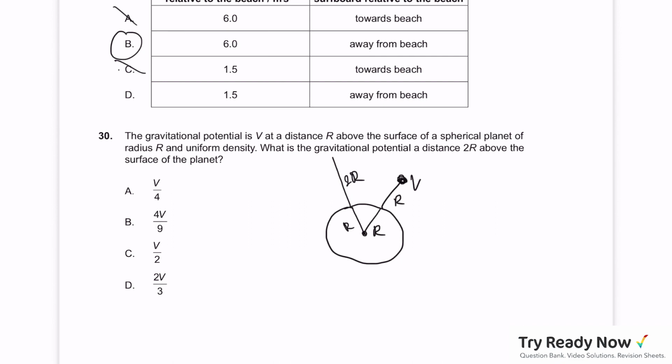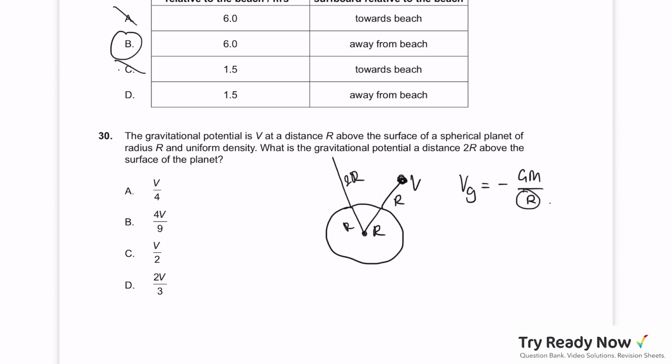So now we can find the formula, which is Vg for gravitational potential is the gravitational constant multiplied by the mass over distance. This is not radius, this is the distance from the center of the mass.